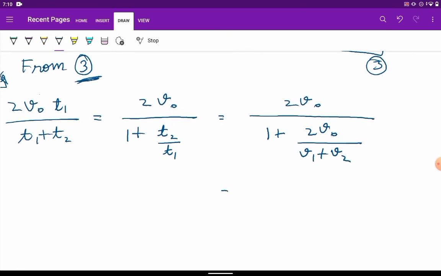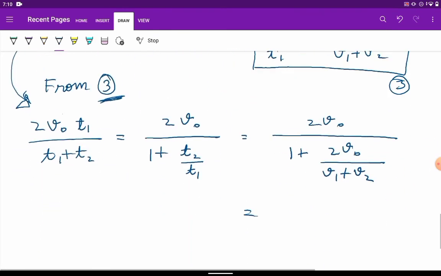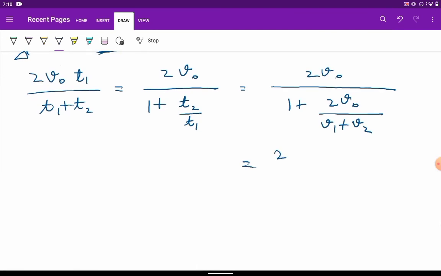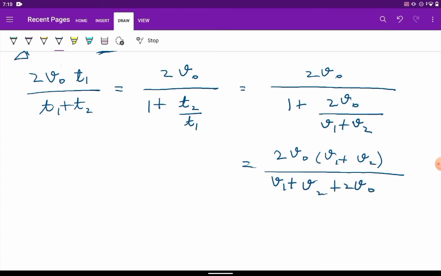This becomes 2 v naught times v1 plus v2, divided by v1 plus v2 plus 2 v naught.